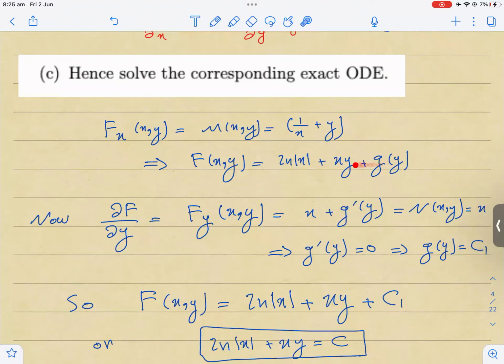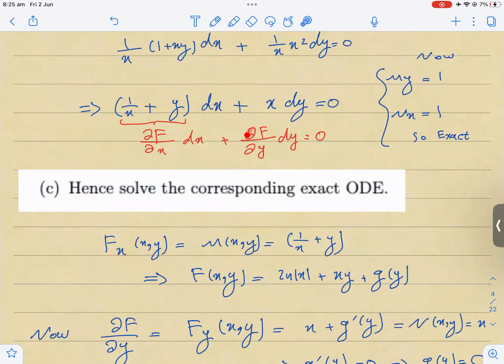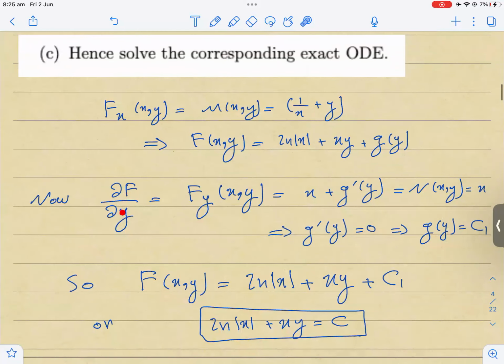So if you take a derivative of this one in terms of x, this will be 0. So it is the most general constant. Okay, in terms of x, this is constant. Now, you want to obtain g(y). How can we do this? Use this second assumption here. So now del f del y is equal to fy.